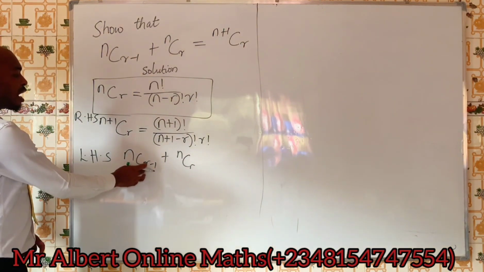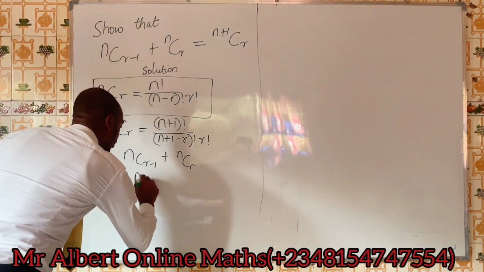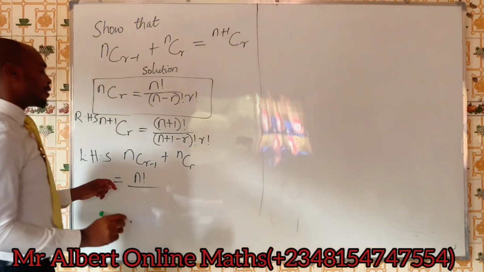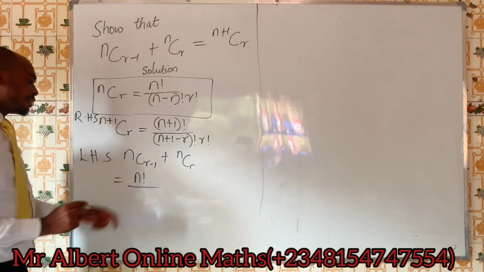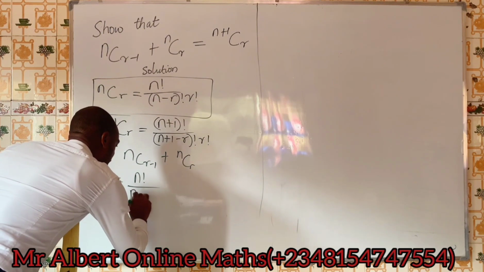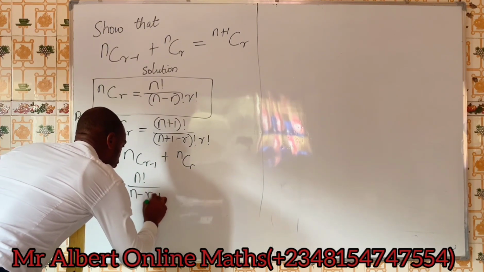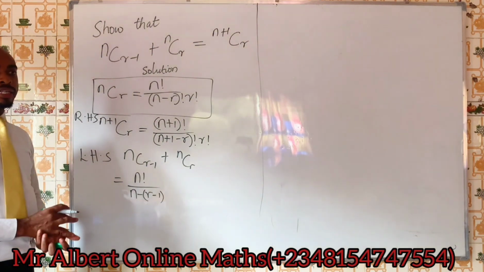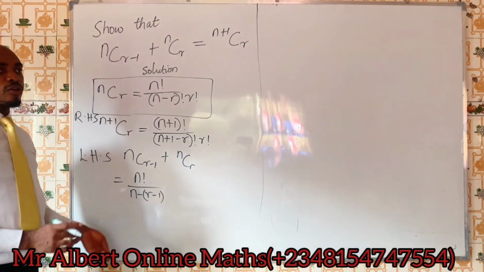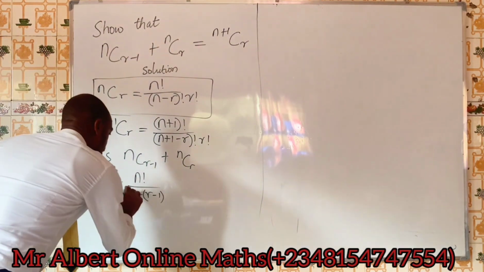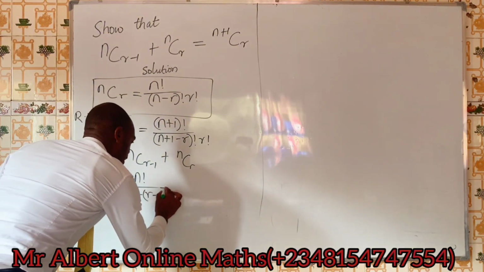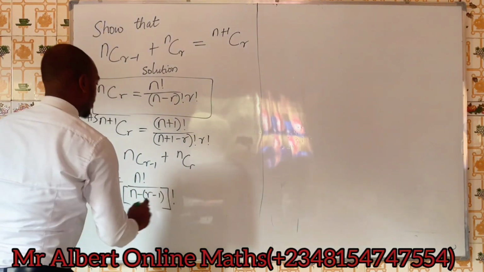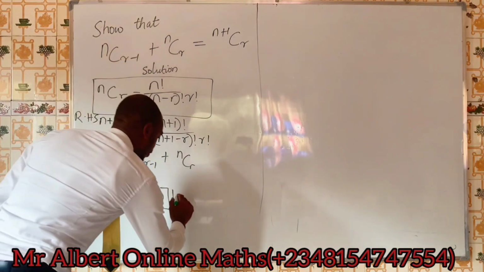N combination r minus 1 is, we pick what? N factorial, the first, followed by n minus, r minus 1. Please, anytime you have more than one bracket in operation like this and you want to cover, use a bigger bracket. So we use a bigger bracket at this point. Then we have r minus 1 factorial.